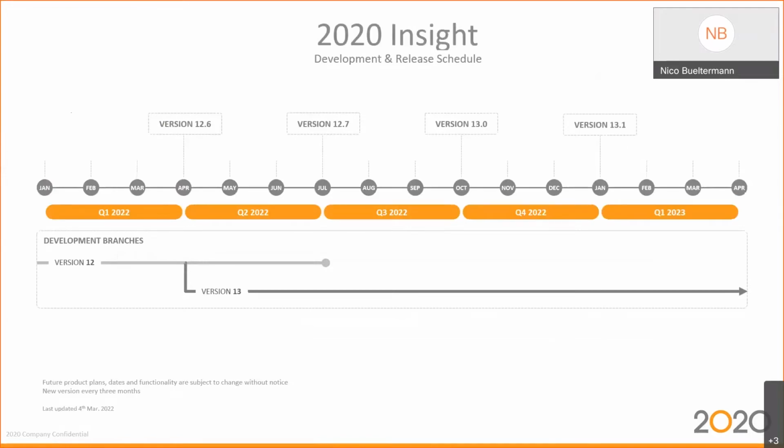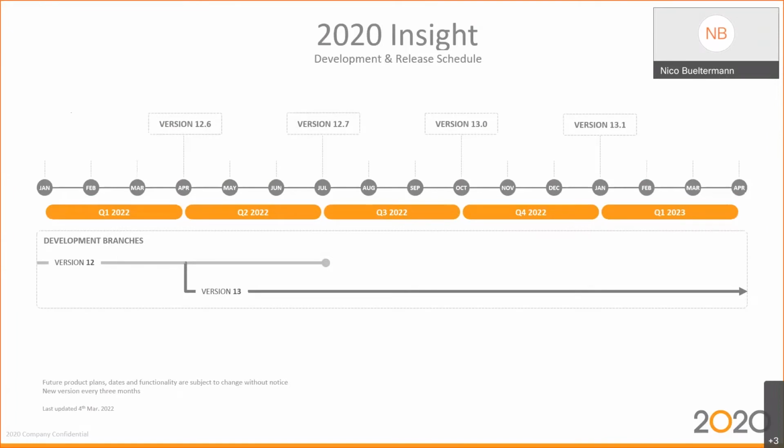Before I hand over to Jeff to show us some of the new browser client enhancements, I would like to give you a short overview of our release schedule for this year. As always, in general, you can expect a new release at the end of each quarter. And as you can see here, version 12.7 coming end of June will be the next, but also the last release in the version 12 branch.